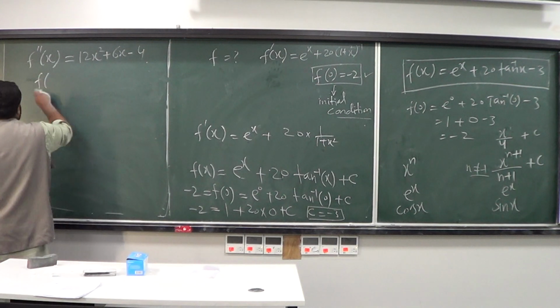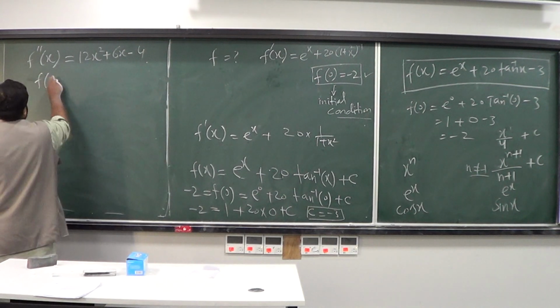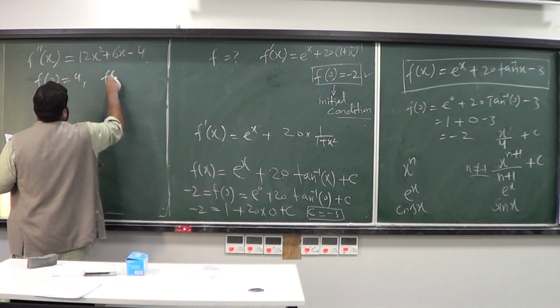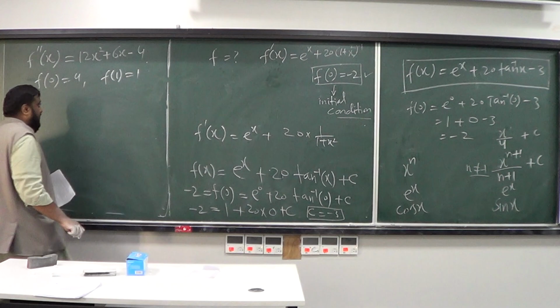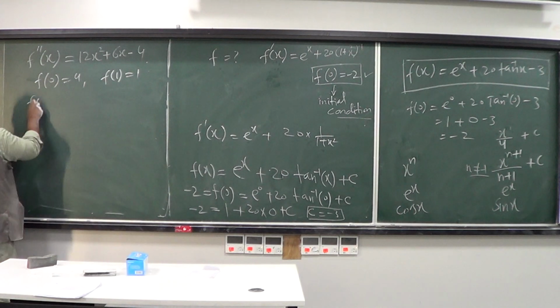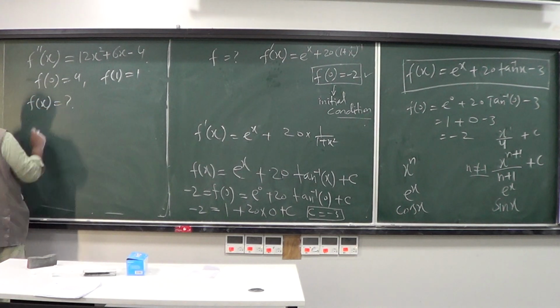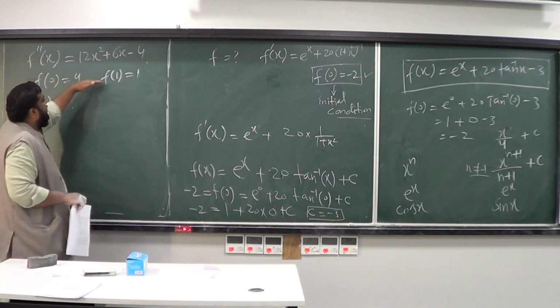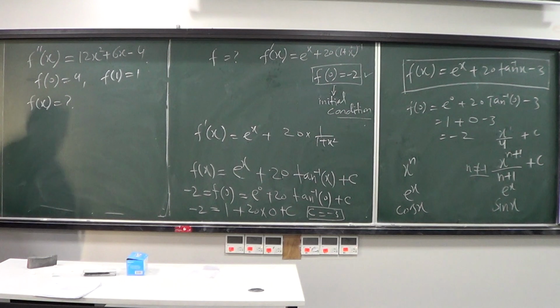And additionally I have been given that f of 0 is 4 and f of 1 is 1. Our task is to find f of x. So find a function whose second order derivative is this and satisfies these conditions. So let's find it.